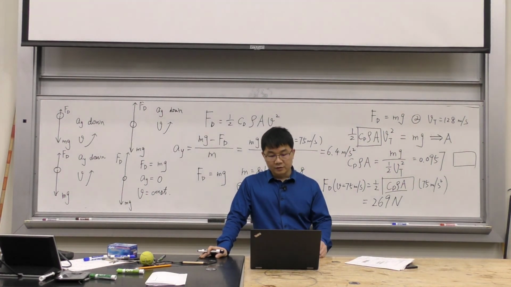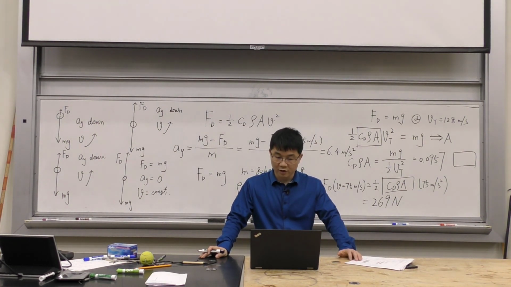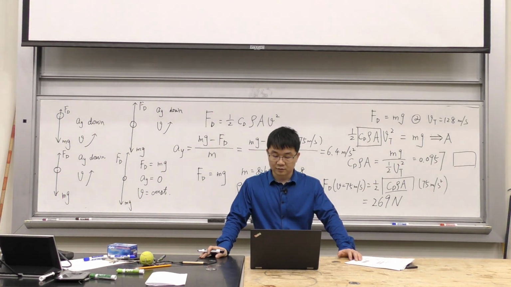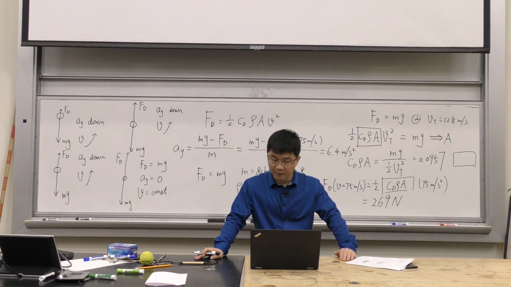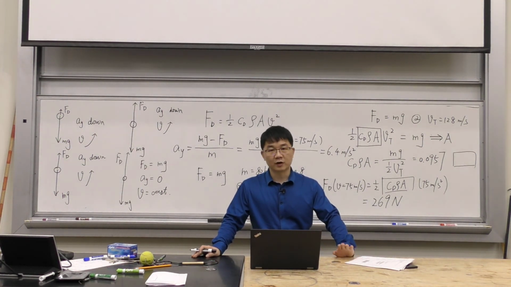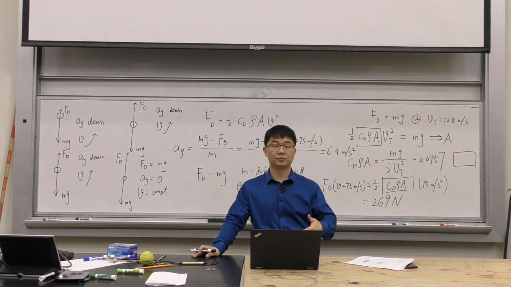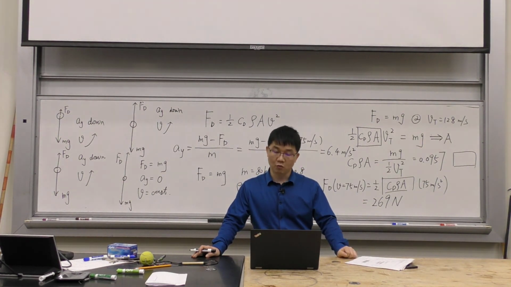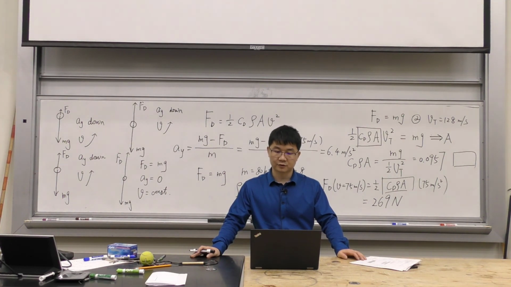And it is smaller than 9.8, which makes sense because when the air drag is on the skydiver, her acceleration is definitely going to be smaller than free fall acceleration 9.8. Again, if you get something like 15, 20, okay, check your algebra. You have done something wrong because with the air drag, you're not going to be even faster than free fall. Okay, so I'm going to stop here for this topic. We have already finished air drag.